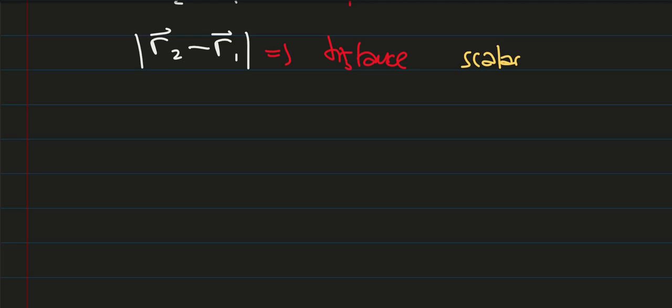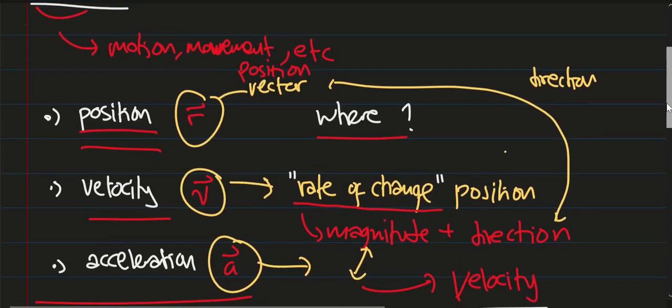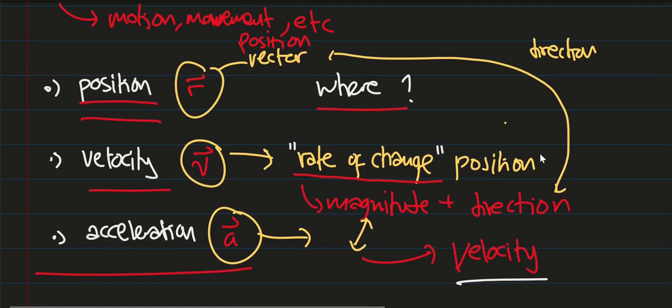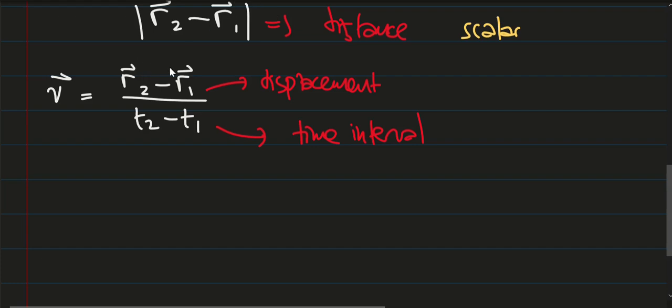Now, by displacement along time, we may define velocity as displacement divided by the time interval. So velocity and acceleration correspond to the difference in position along the time it takes, and so on for acceleration and for higher and higher orders.